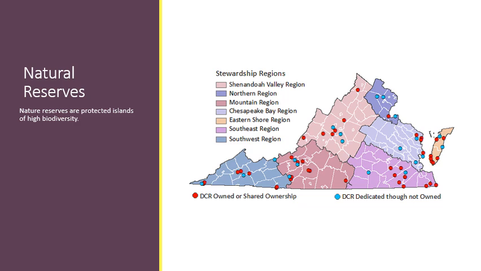These are the stewardship regions that the government has broken apart and said, we have to maintain biodiversity in these certain areas. And you'll notice that the red and the blue spots have been designated as biodiversity hotspots. These are protected areas. Typically, you're going to see parks form around those.